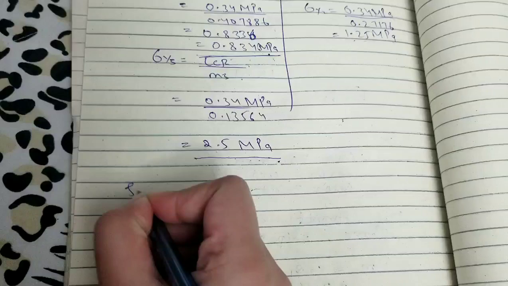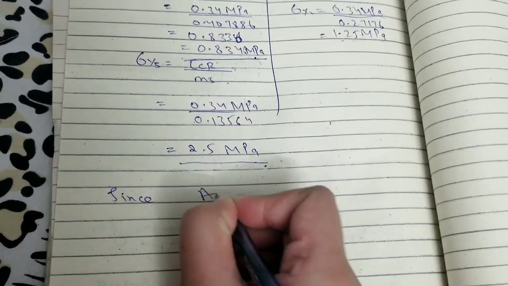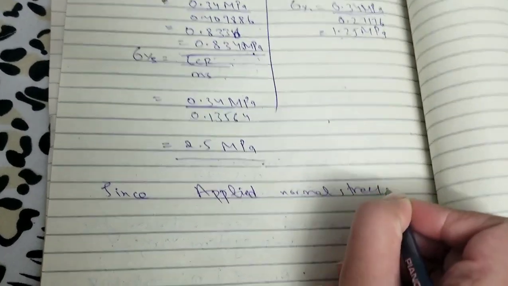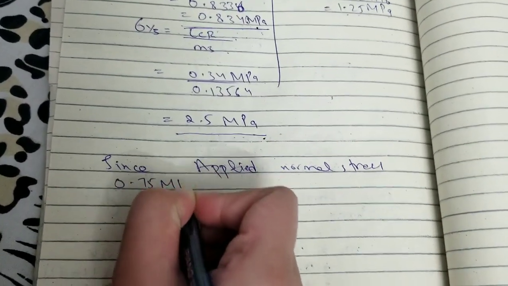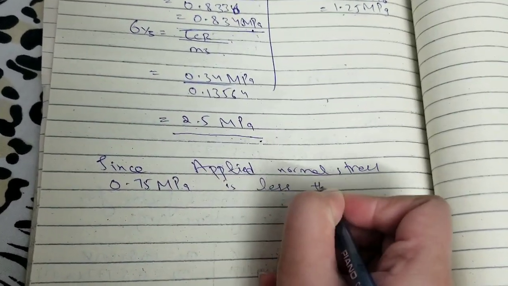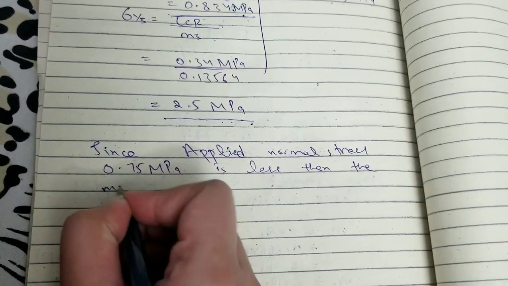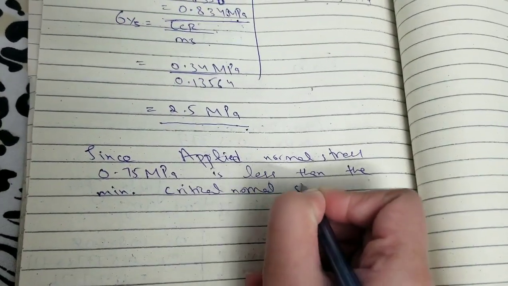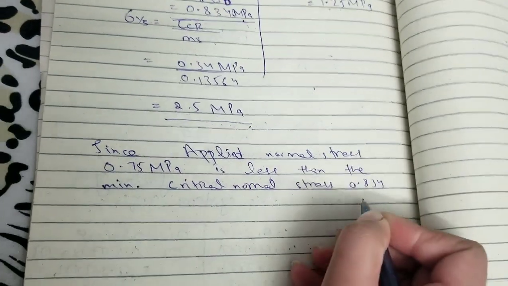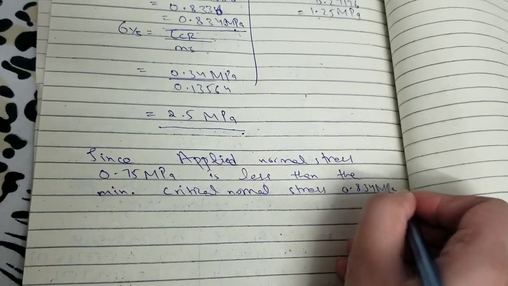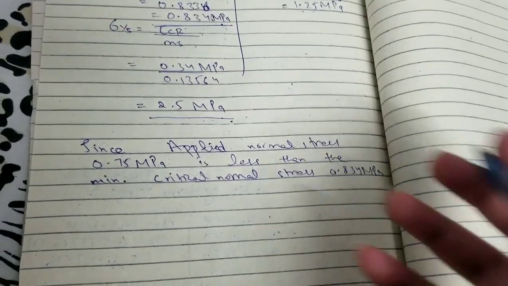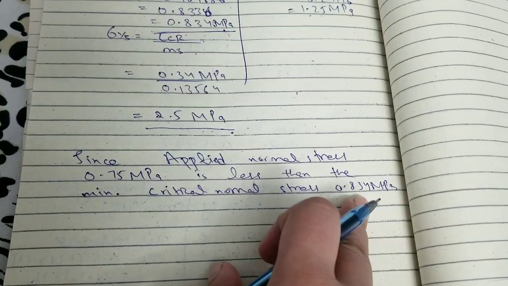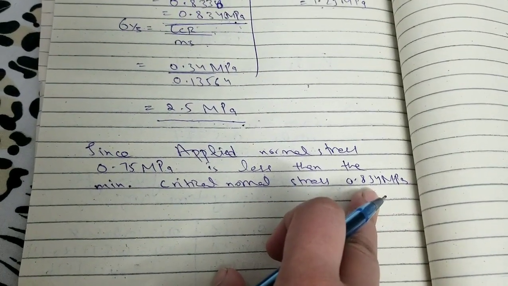Since the applied normal stress, which is 0.75 megapascal, is less than the minimum critical normal stress, which is 0.834, a larger force is required to produce plastic deformation, and if the stress is less than this value, then the deformation produced in the material will be elastic.